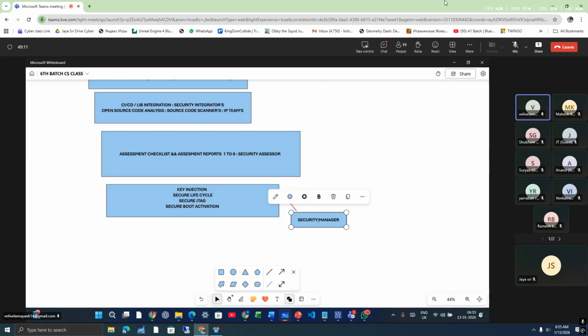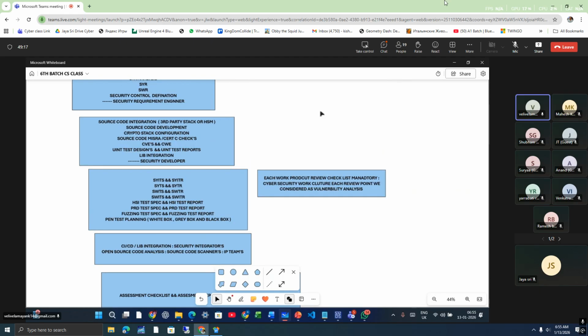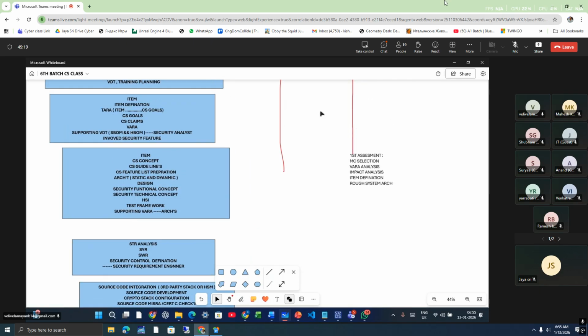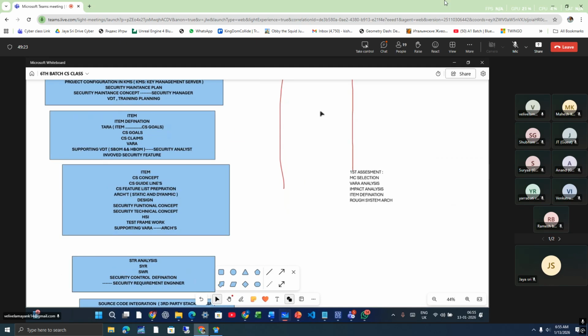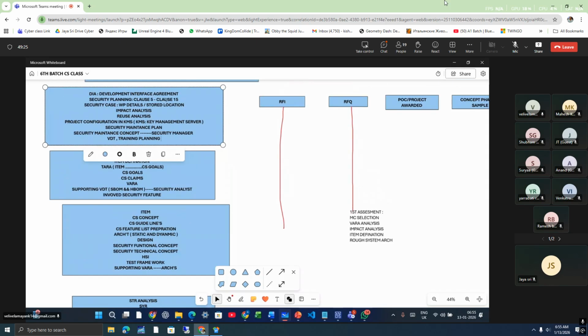Okay. The type approval documents I didn't map. Now I will map it. Type approval documents also these guys are supposed to have.